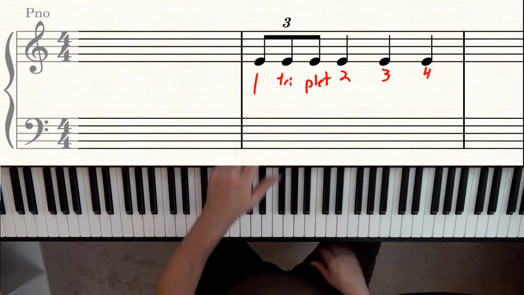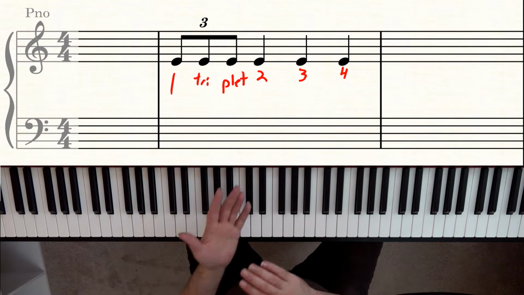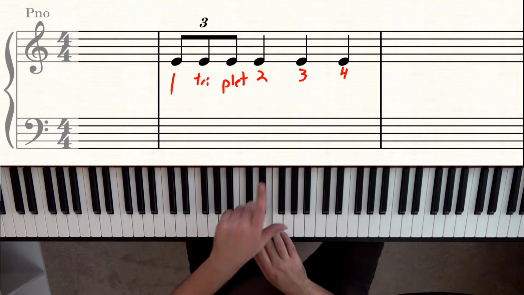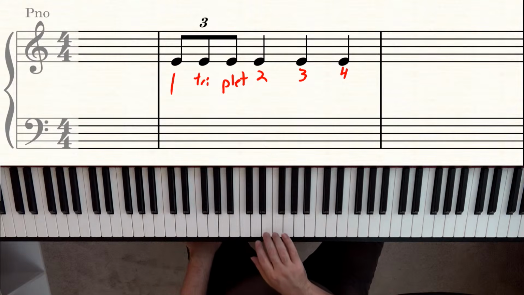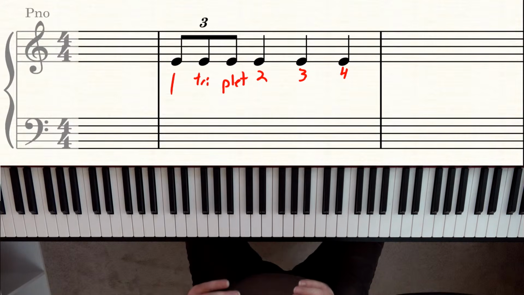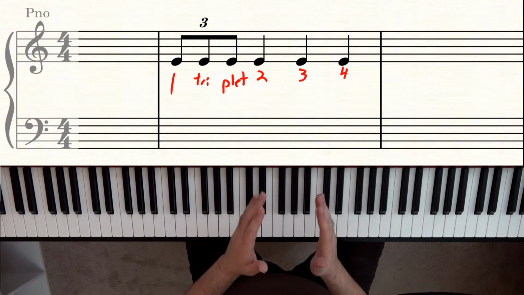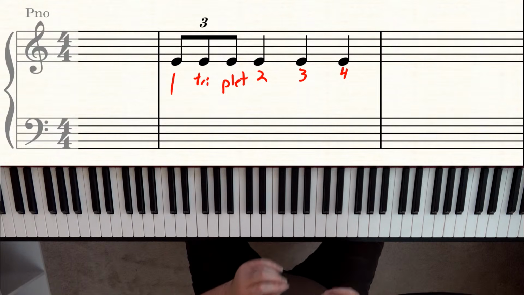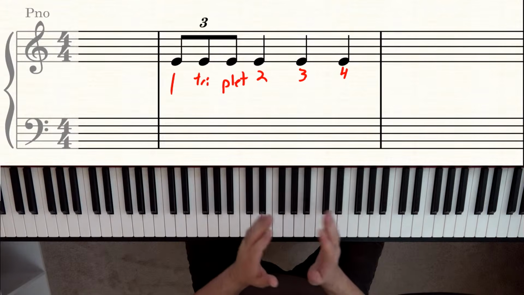So this rhythm here specifically is going to be counted as 1 triplet, 2, 3, 4. Now when I get to beats 2, 3, 4 in my head, I'm really counting 1 triplet, 2 triplet, 3 triplet, 4 triplet. And that helps me maintain a consistent tempo, which is the evenness with which you count the beats.